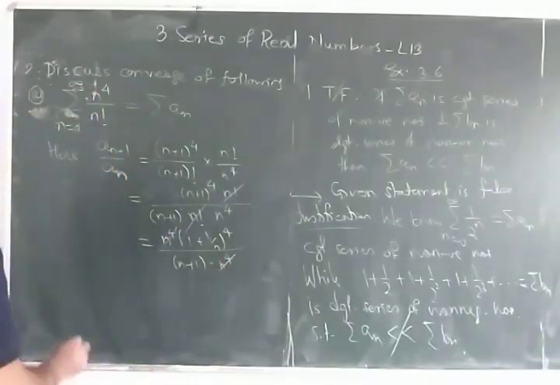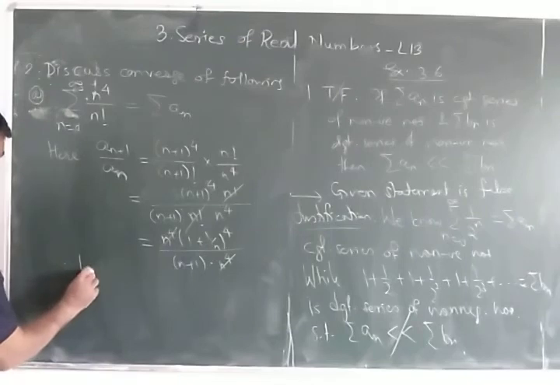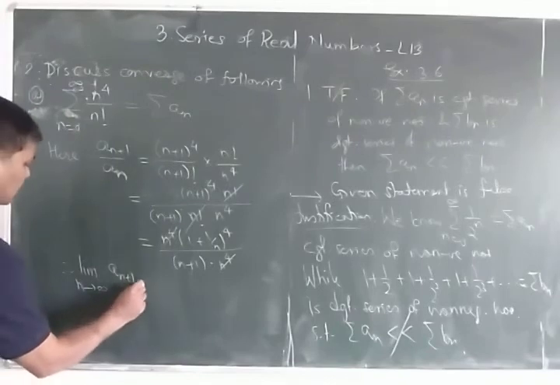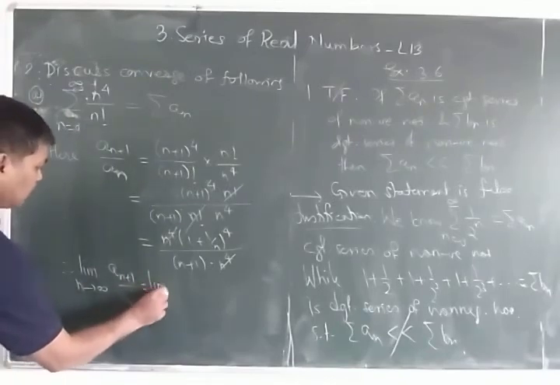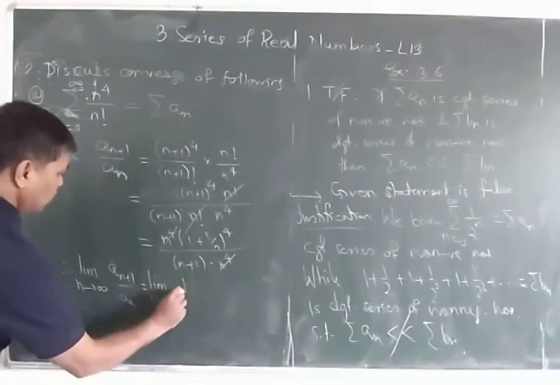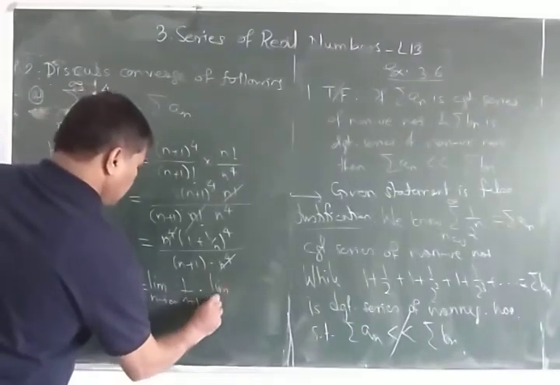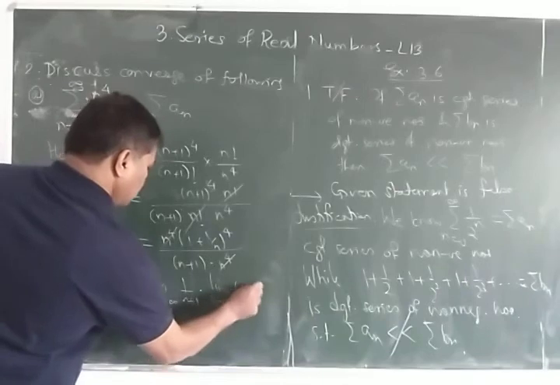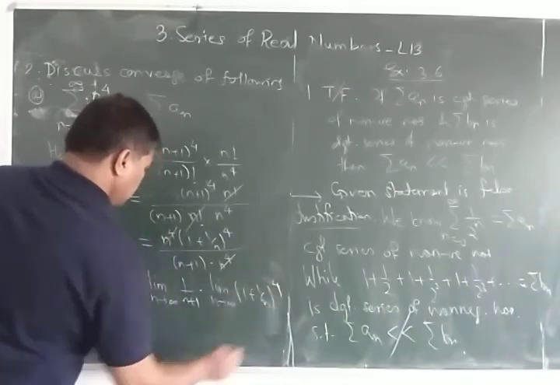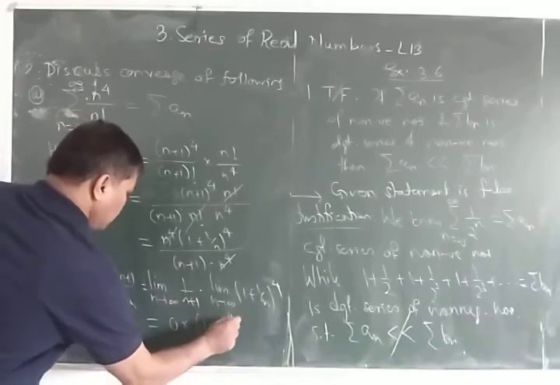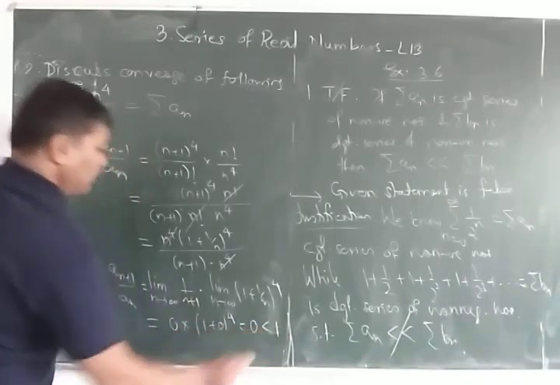So therefore limit n tends to infinity of an plus 1 upon an is equal to limit n tends to infinity of 1 upon n plus 1 into limit n tends to infinity of (1 plus 1 upon n) raised to 4. This will become 0 into (1 plus 0) raised to 4, which is equal to 0, less than 1.